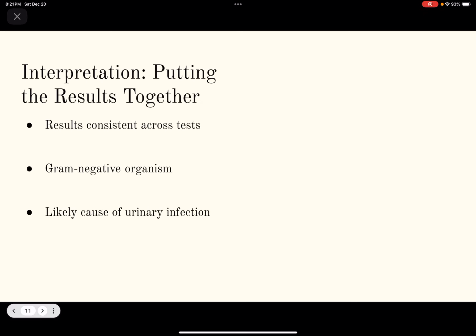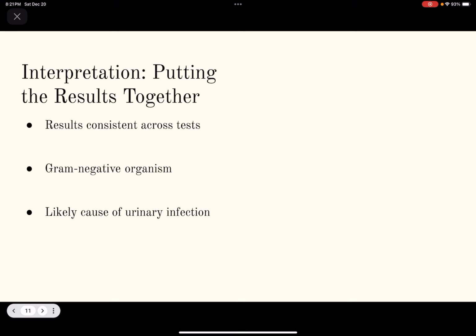Interpretation. When all the results were reviewed together, it seemed to point to the same conclusion, that the bacteria was gram-negative. It grew on the EMB and it did not grow on the MSA. And the Kirby-Bauer disc test also showed that the bacteria would respond well to the tetracycline.